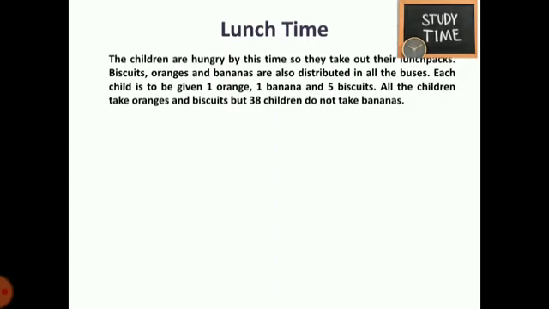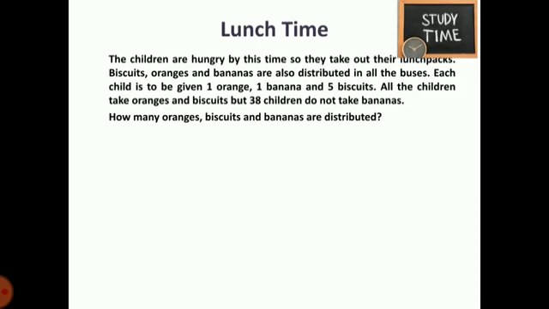So it was lunchtime. The children are hungry by this time, so they take out their lunch packs. Biscuits, oranges and bananas are also distributed in all the buses. Each child is to be given 1 orange, 1 banana and 5 biscuits. All the children take oranges and biscuits, but 38 children did not take bananas.